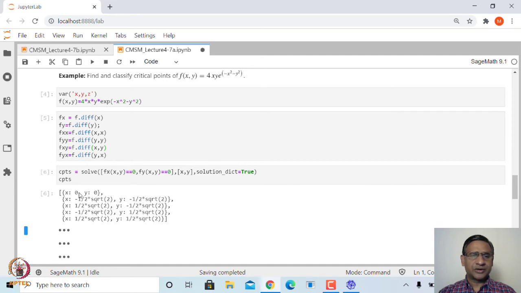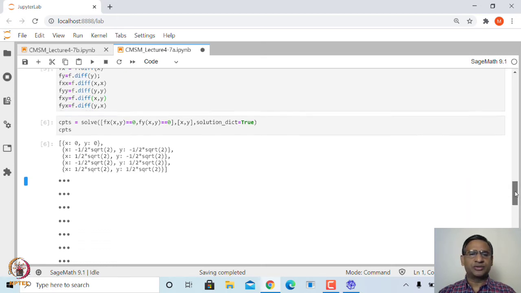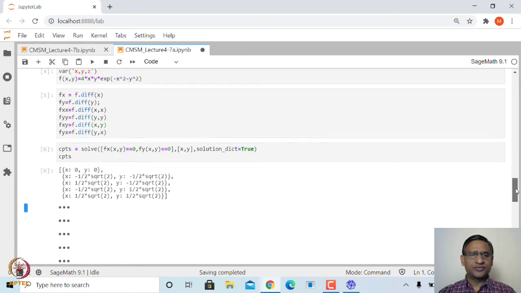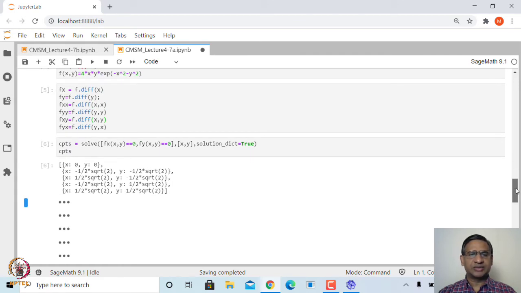Okay. So, as you can see, it has found 5 critical points. One is 0 0, other one is minus half square root 2, minus half square root 2, and so on. So, these are the 5 critical points. Now, these critical points we need to classify. If we want to classify these critical points, that means at these critical points we need to find the Hessian.